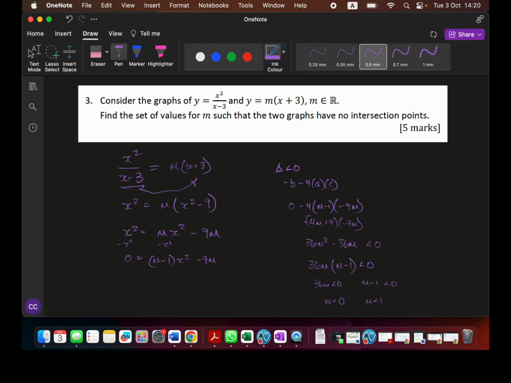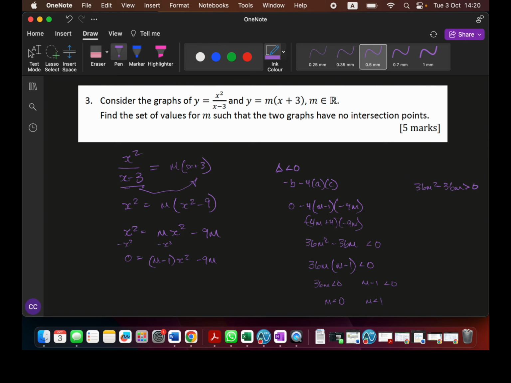Now, to make that happen, similarly, we have to look at where 36m squared minus 36m is greater than 0. The reason why we have to check that is because we're taking square roots and things like that. So we have to do kind of a compilation of these two things.